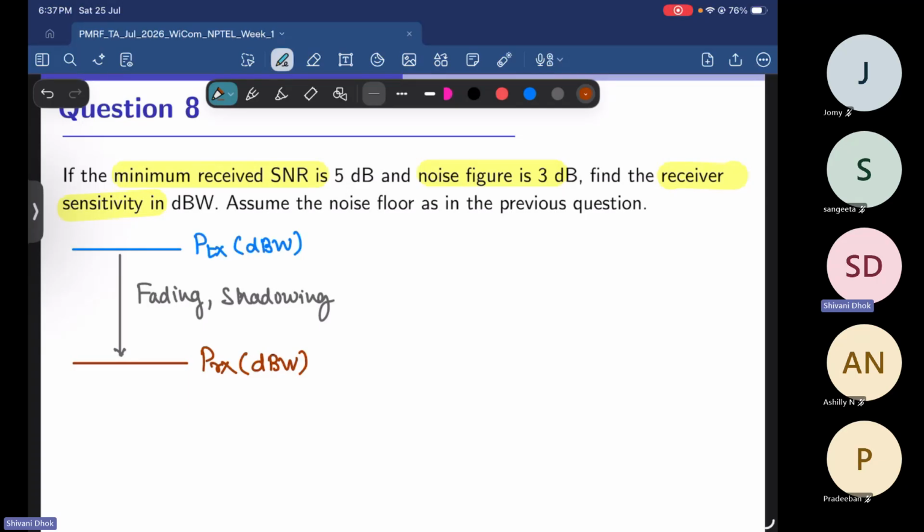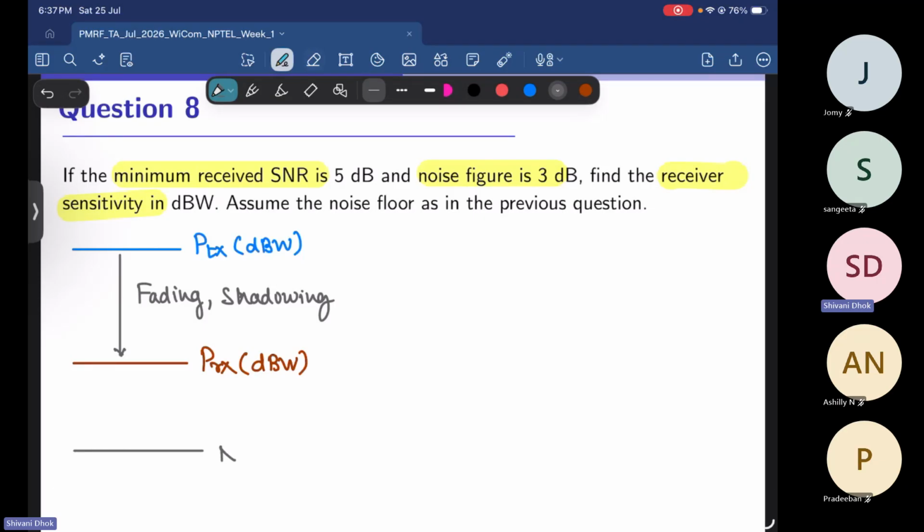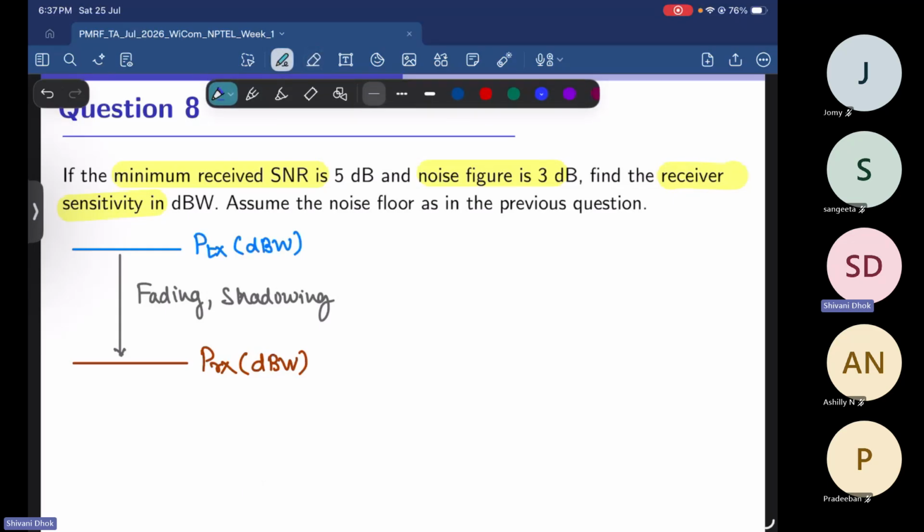Okay, and then you have something known as a noise floor. Your signal already has some noise floor, the receiver has some noise floor. And this is your thermal noise floor that we obtained in the previous question.